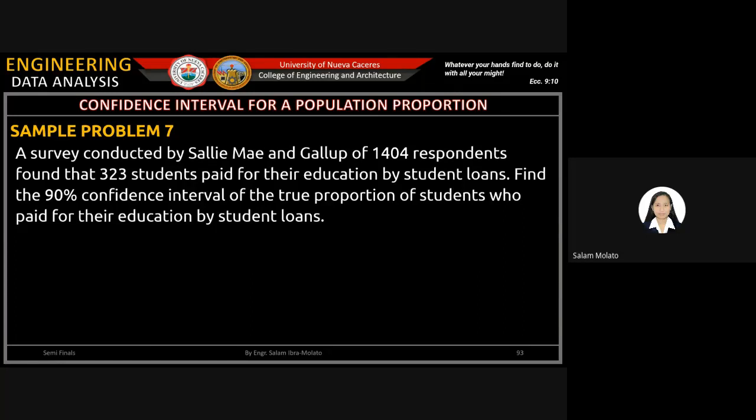So that would be P hat minus Z alpha over 2 square root of P hat Q hat over N, the lower limit. The upper limit is P hat plus Z alpha over 2 the square root of P hat Q hat over N.